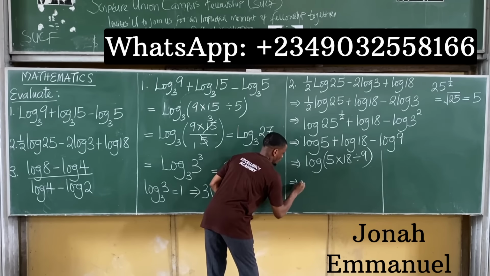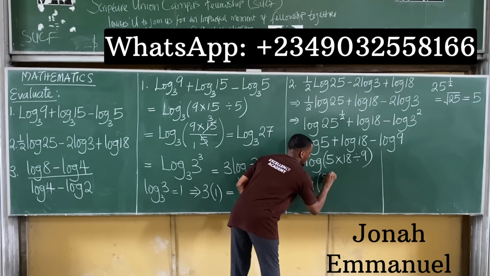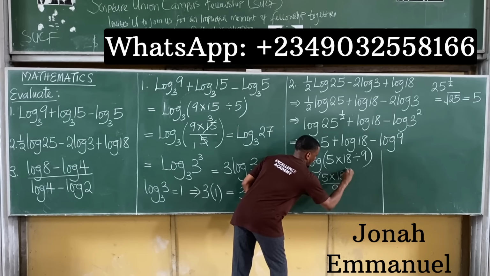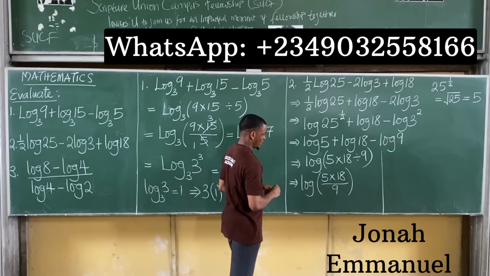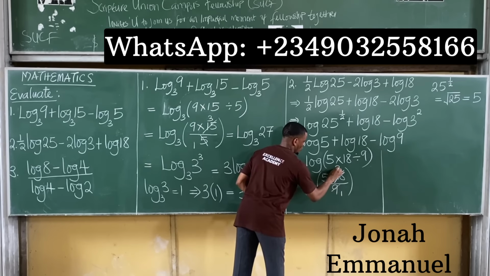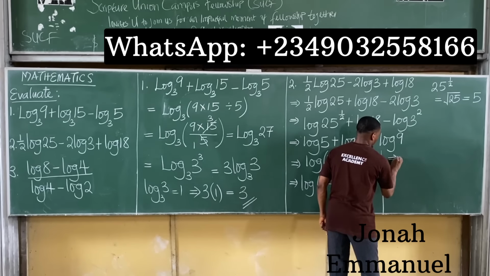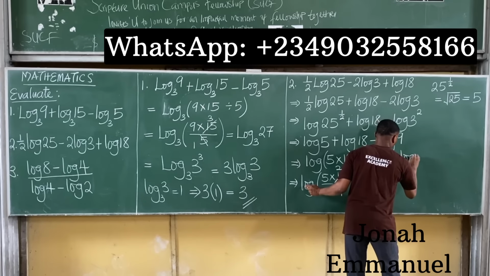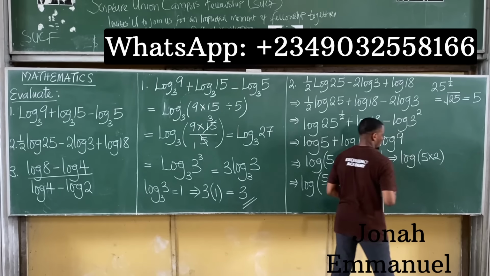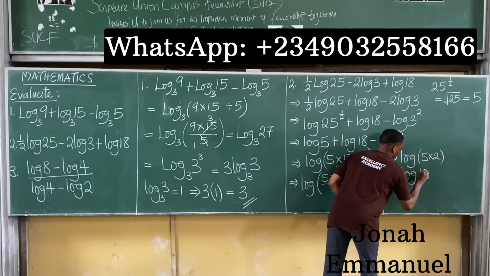This will be equal to log of 5 times 18 divided by 9. Here, 9 can cancel 18, which gives 2. So I'm having the logarithm of 5 times 2, which is equal to logarithm of 10.